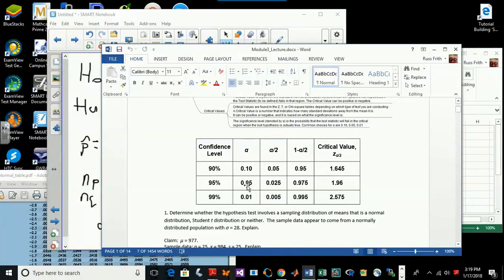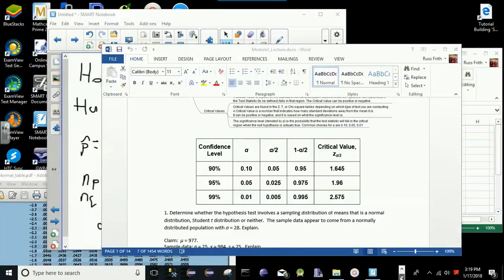That makes a confidence level of 95, so we need to find the 95% probability in the table to get our critical value.